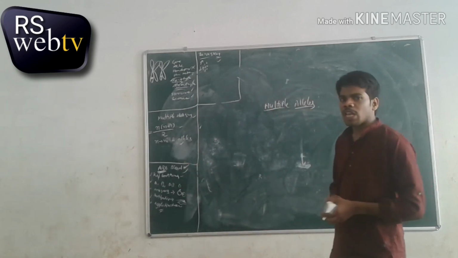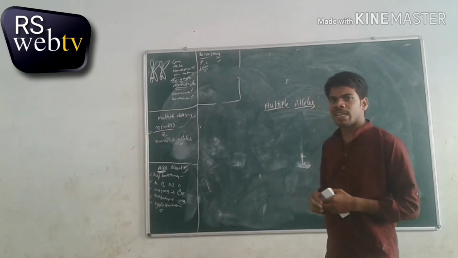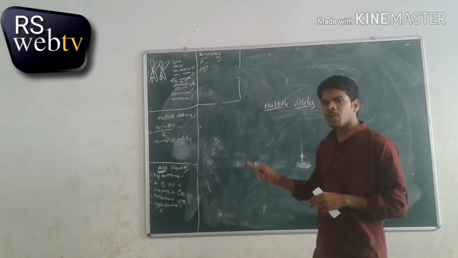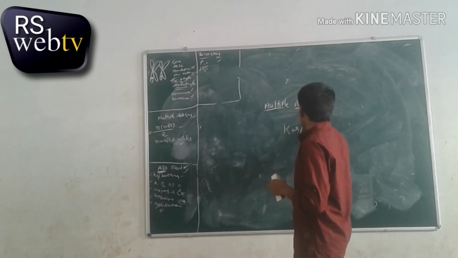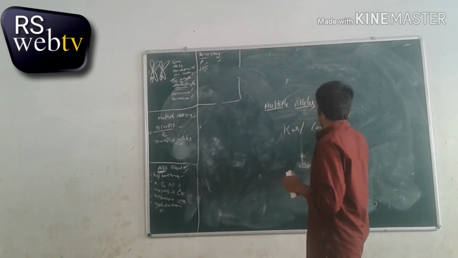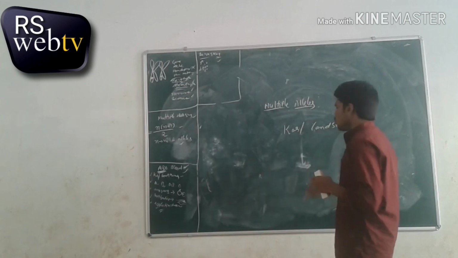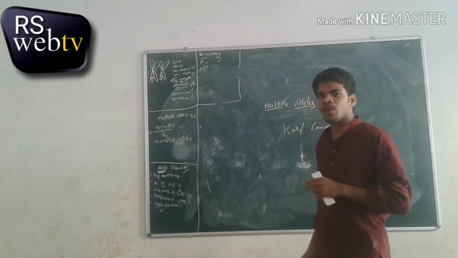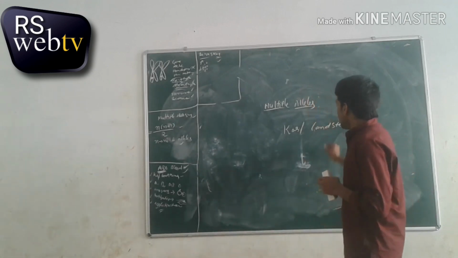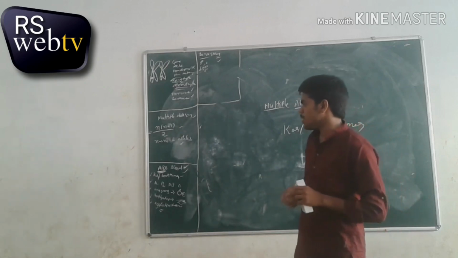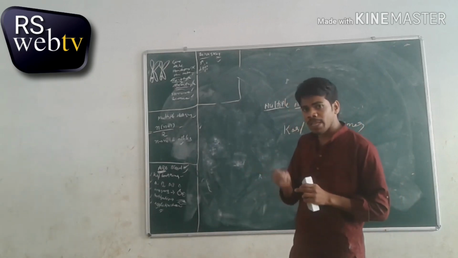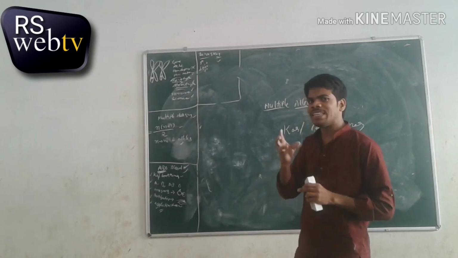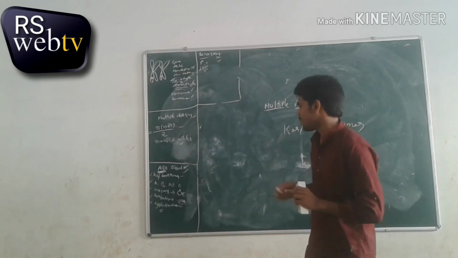ABO blood system was proposed by Karl Landsteiner, who was a Nobel laureate in 1930 for his work in medicine. He proposed a theory of blood grouping on the basis of presence or absence of antigens on the surface of RBC.